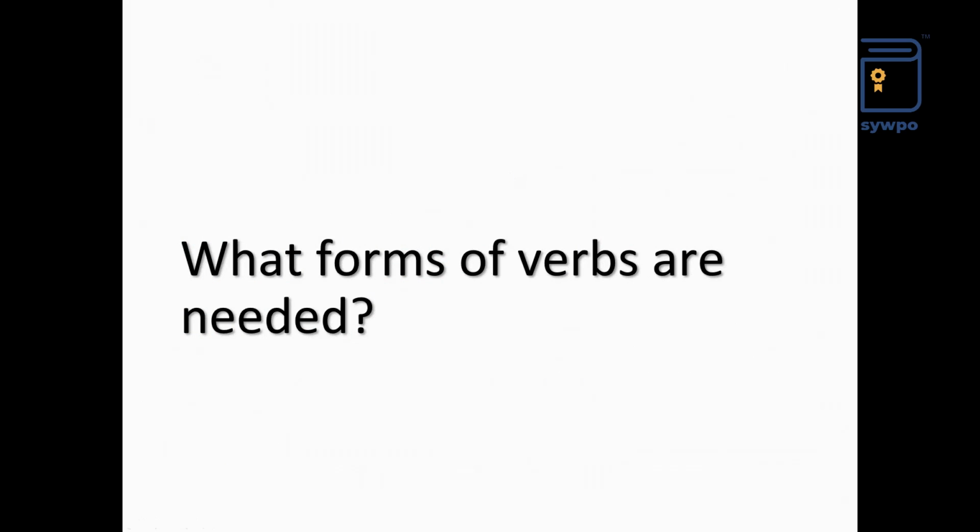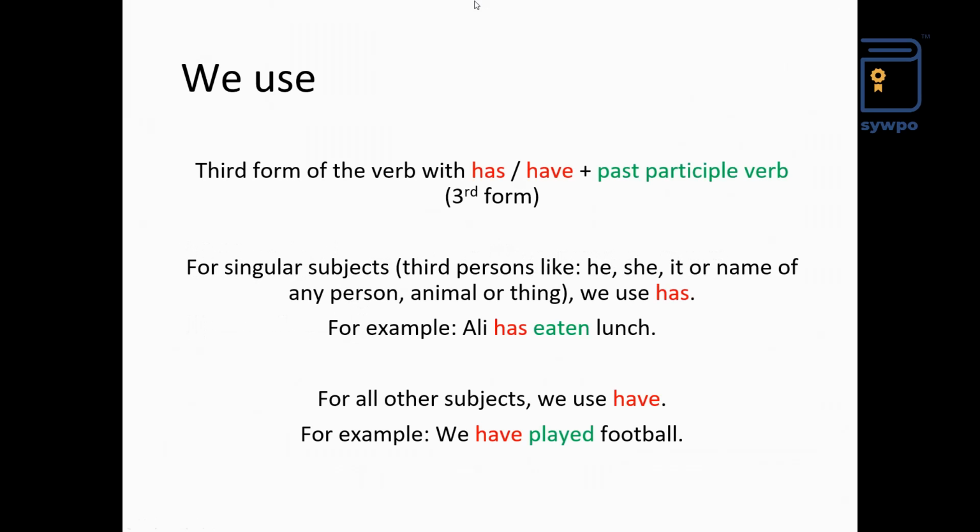Now, what forms of verbs are needed? This is what I have already explained in the previous slide, but just for your easier understanding, I have created this slide. So you can see here, third form of the verb is needed with has or have, and the third form of the verb is actually the past participle form of the verb.